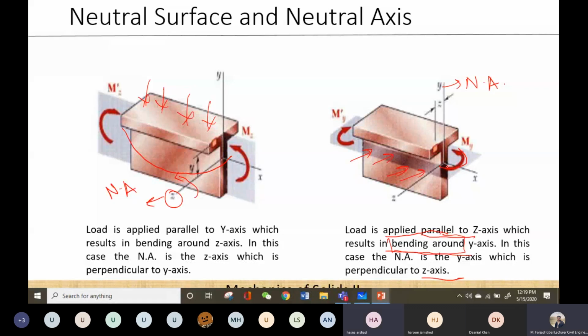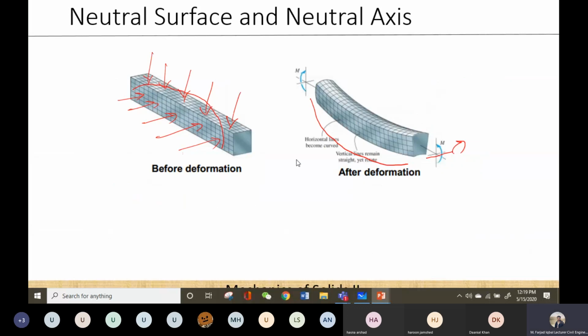Yes, sir, the y-axis. You got it, right? Okay. So in this case, the bending is taking place around the y-axis, so the y-axis is my neutral axis. In this case, the bending is taking place around the z-axis, so the z-axis is my neutral axis. So this is the concept of neutral surface and neutral axis.